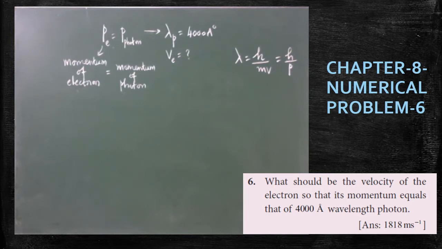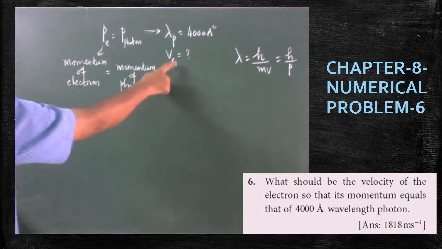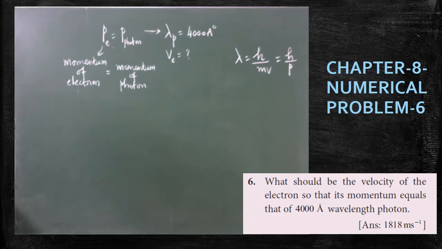What should be the velocity of the electron so that its momentum is equal to that of a photon of wavelength 4000 Angstrom units?